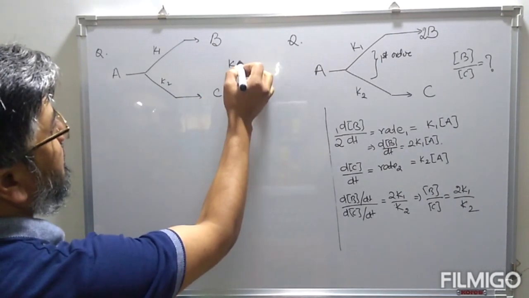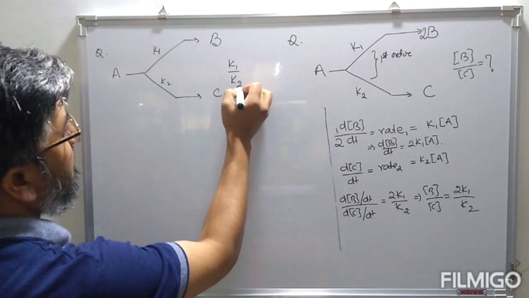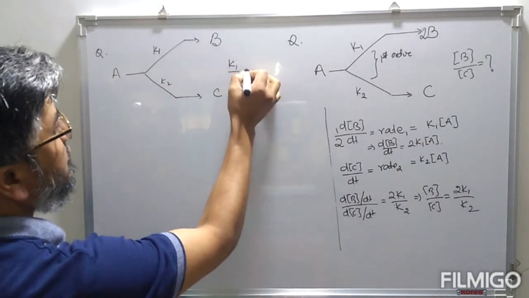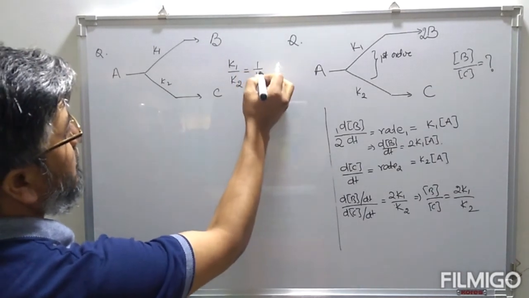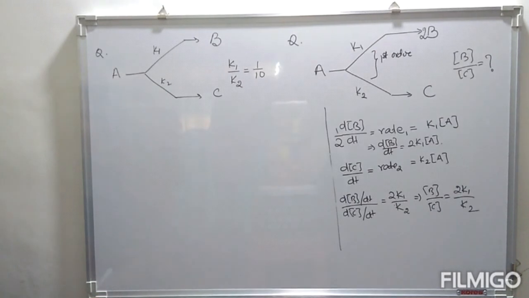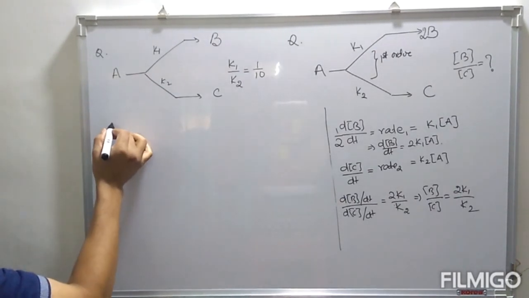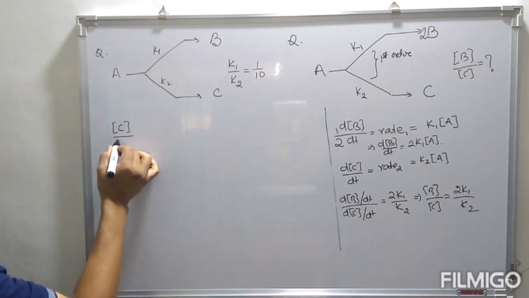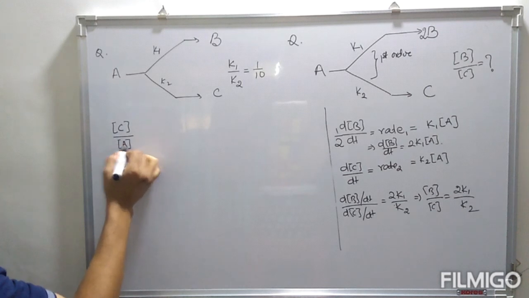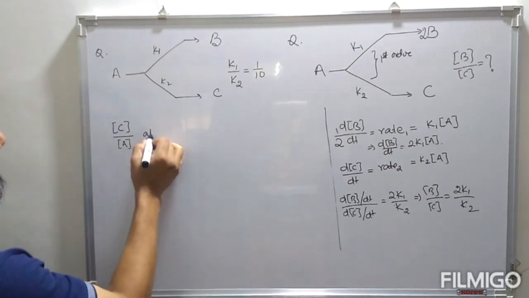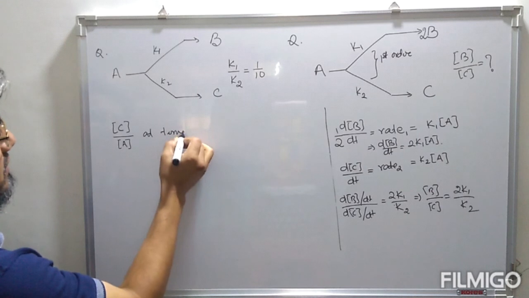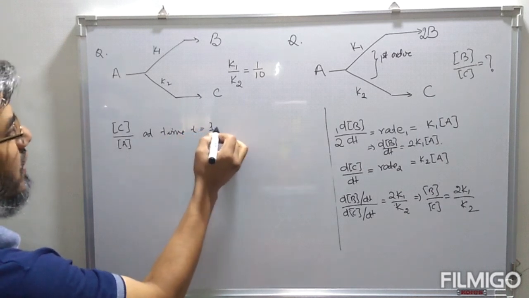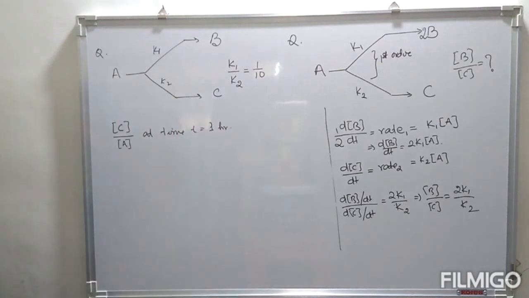Now the K1 by K2 ratio, suppose this ratio is 1:10. Now the question says find the concentration ratio of C to that of A at time t equals 1 hour.